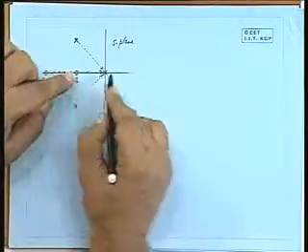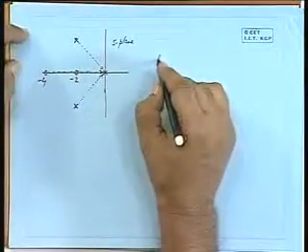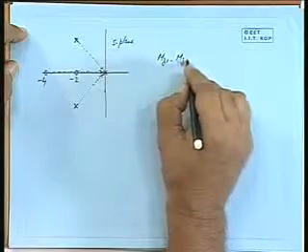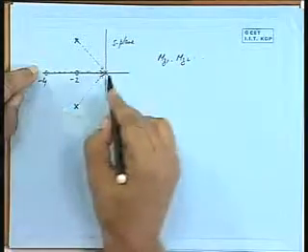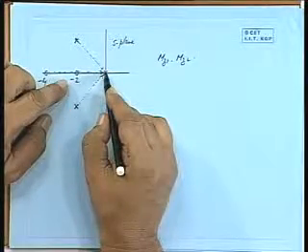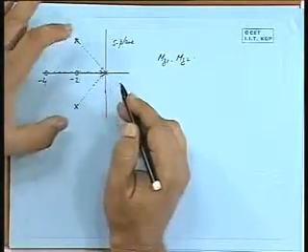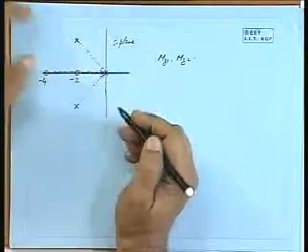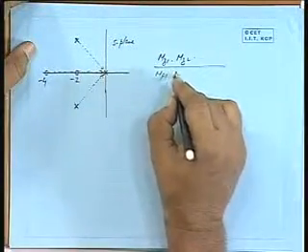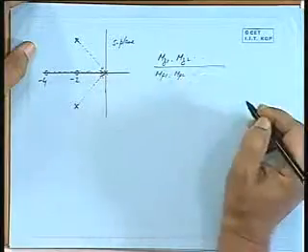Then the distances of the zeros, I will write mz1, mz2, etc. Distances from different zeros up to that point divided by distances from the poles, mp1, mp2 and so on.